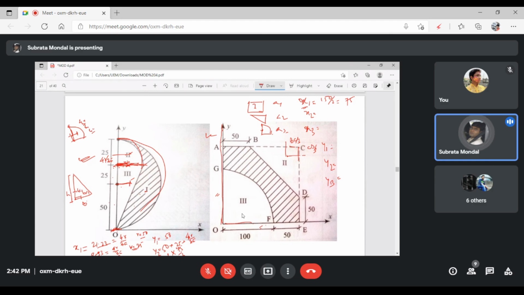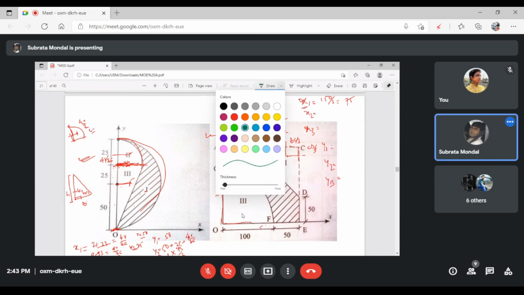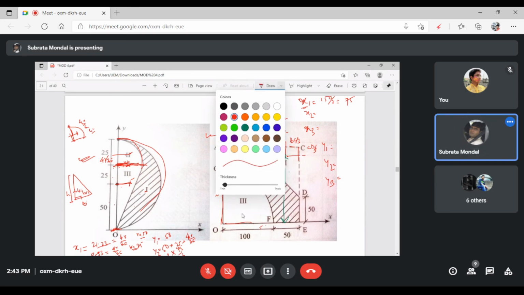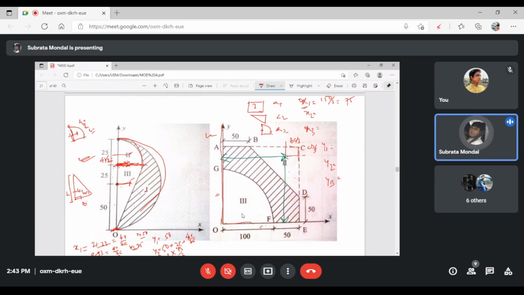So how could you calculate? We have to select the length from here to here and the length from here to here, right? How could you choose? Simply 150, you know the total length.